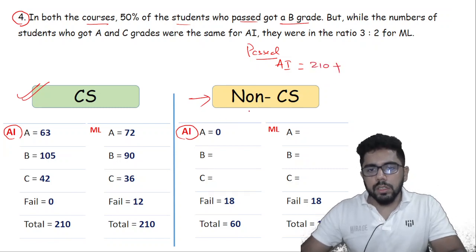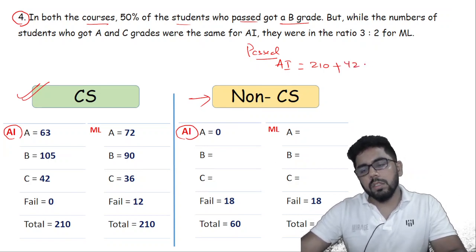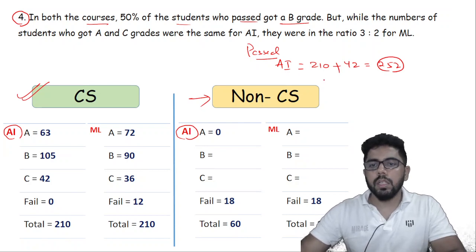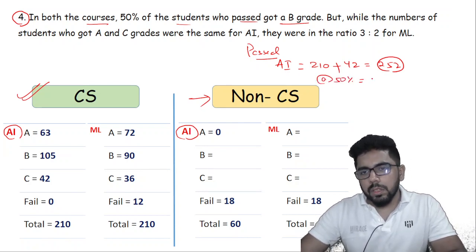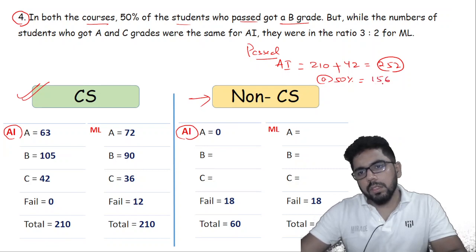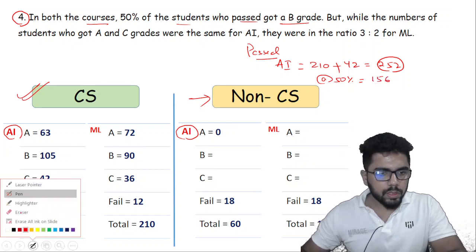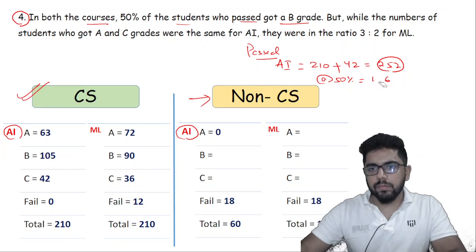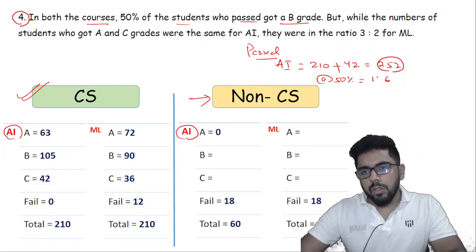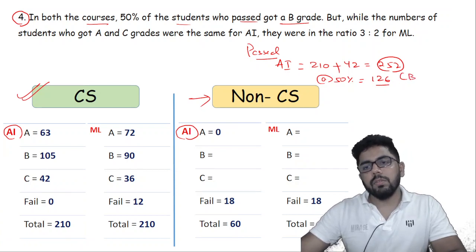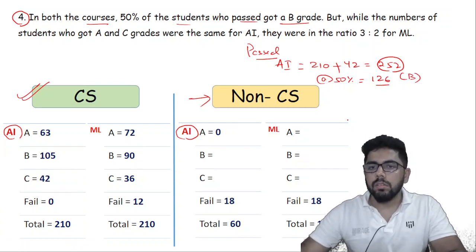And in the non-CS department, 18 have failed out of 60, so 42 have passed. So 252 students have passed in AI. 50% of this is 126. So 126 students have got a B grade.